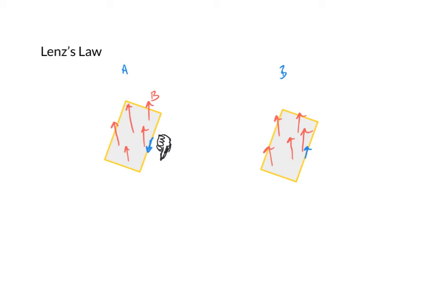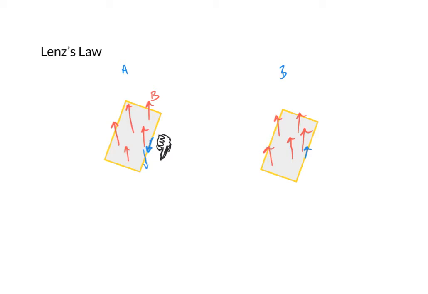And I can see that inside my loop, at the point we're looking at within our surface, the magnetic field generated by my current is going to point directly down, like so. And so it's going to oppose the magnetic field that generated the current.